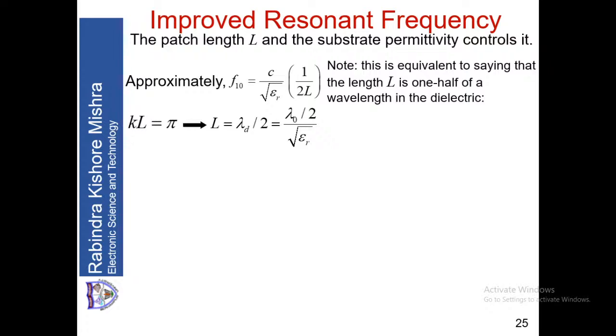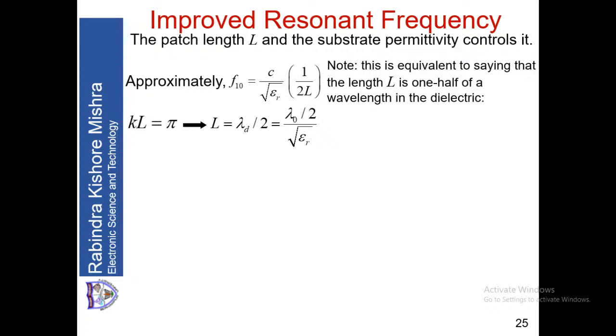Now that lambda d is related to the free space wavelength lambda 0 by the relation lambda 0 by root over epsilon r. If I have free space, epsilon r is equal to 1, therefore lambda 0 by root over 1 is lambda 0. So in free space you get lambda 0.